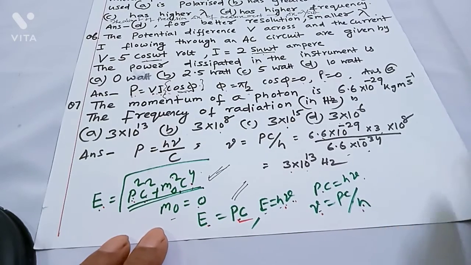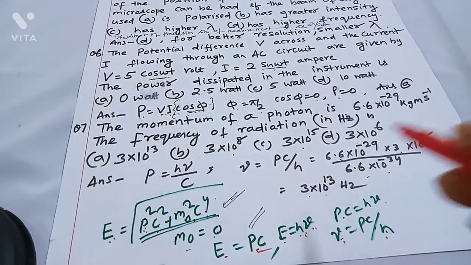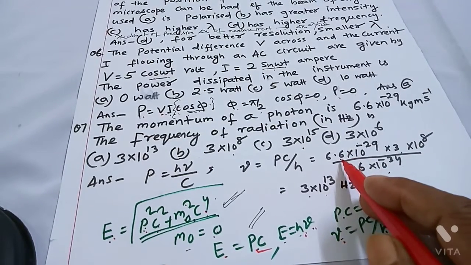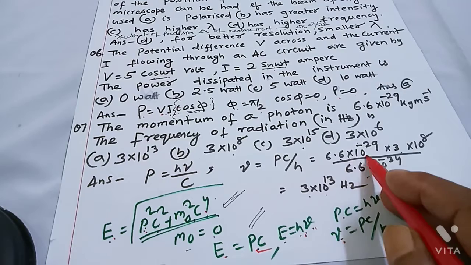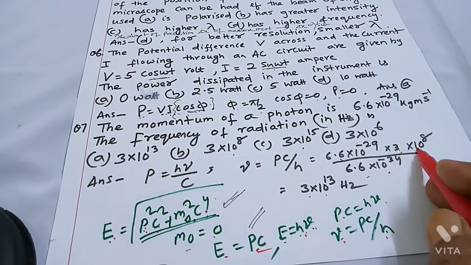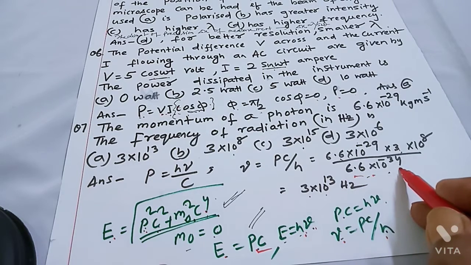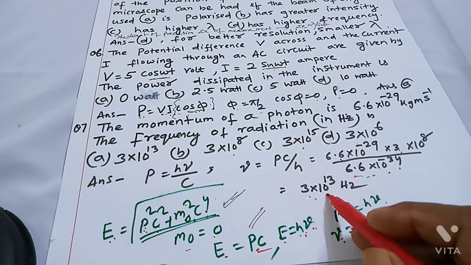You have to find out the frequency, that is Pc by h. Value of P is taken 6.6 times 10 to the power minus 29 SI unit. Speed of light is 3 into 10 to the power 8 meter per second. Value of Planck's constant is put here. So the answer is 3 into 10 to the power 13 hertz.